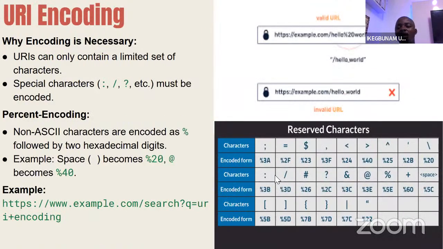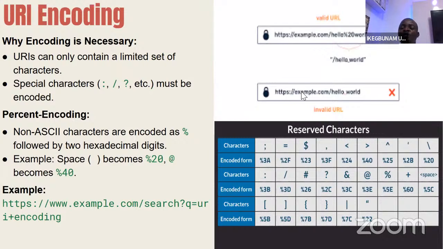All right. So when we're talking about URI encoding, why encoding is very important is that a URI can only contain a limited set of characters. We have special characters like colon, which is used to differentiate between a protocol and a top level domain, and also a subdomain. Then the question mark is used for query parameters.